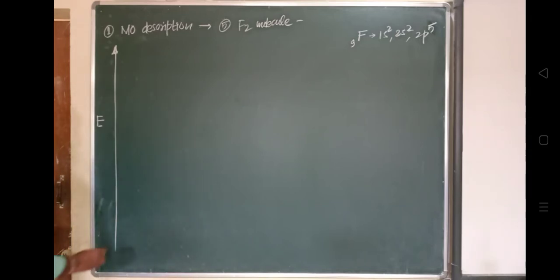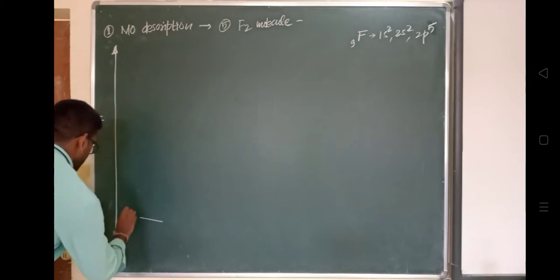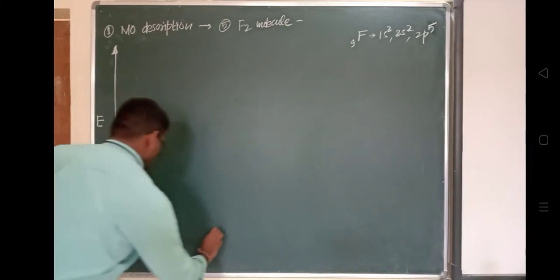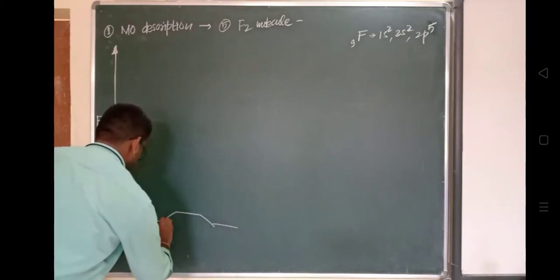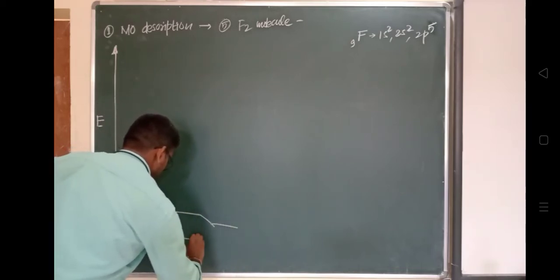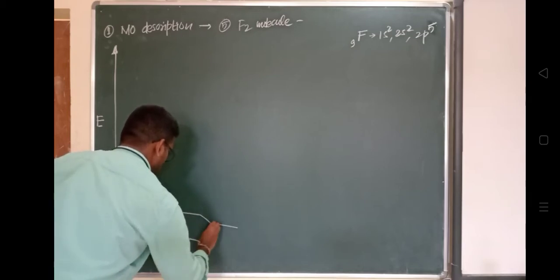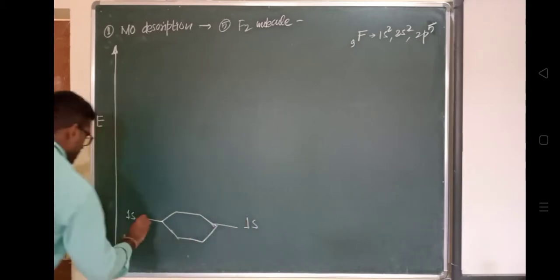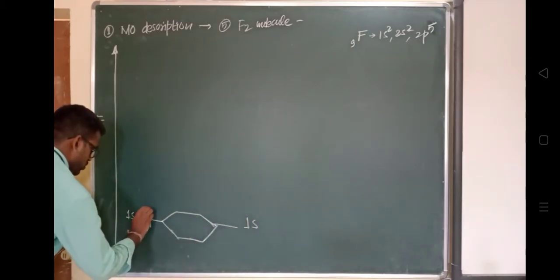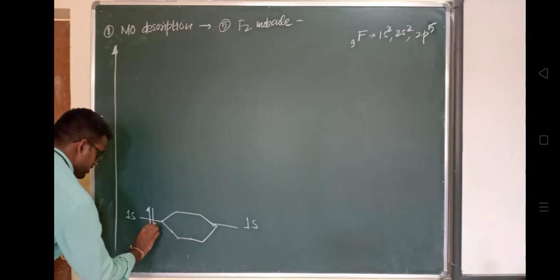The very first orbital is the 1s orbital, which will get combined to form molecular orbitals. These are the 2 electrons in the 1s orbital.